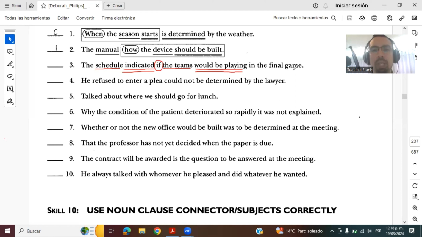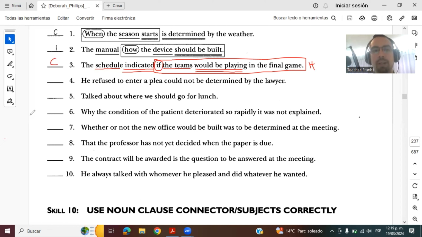Now, where would be my noun clause, my it, right? Would it be the schedule indicated, or if the teams would be playing in the final game, right? In this case, this would be my noun clause. So the schedule indicated it, right? And it has all the elements. So number 3 is correct, right?